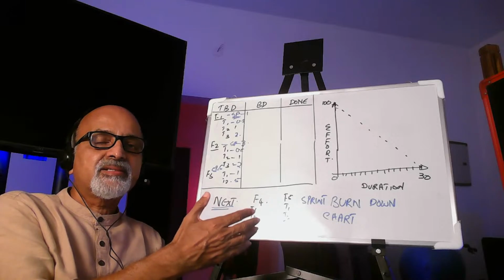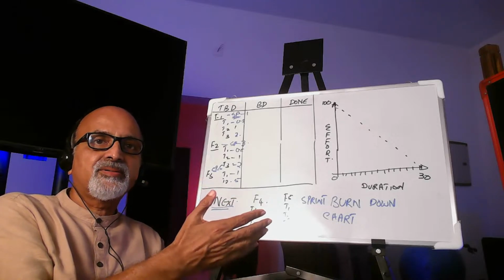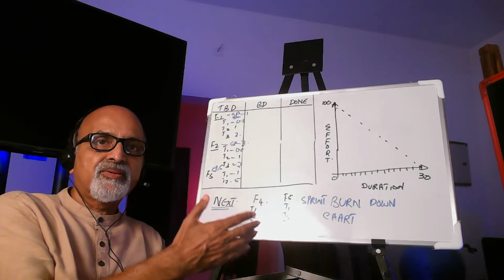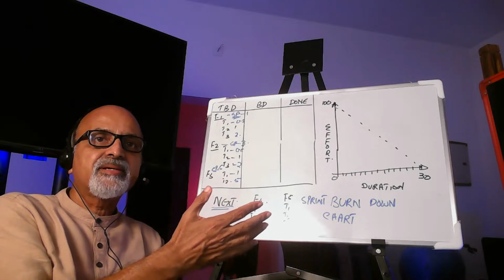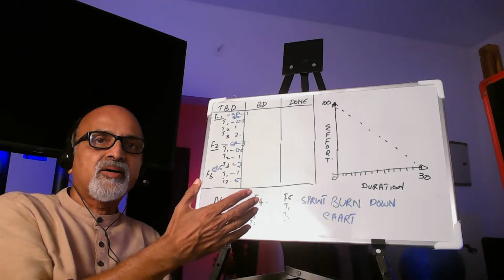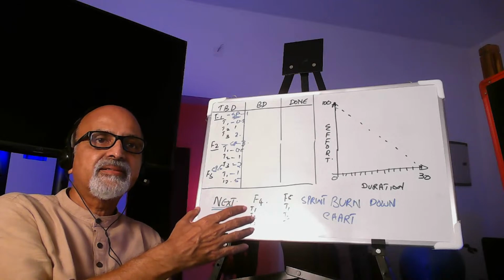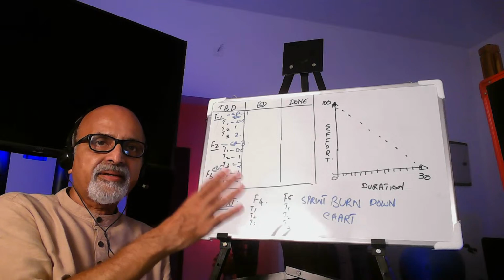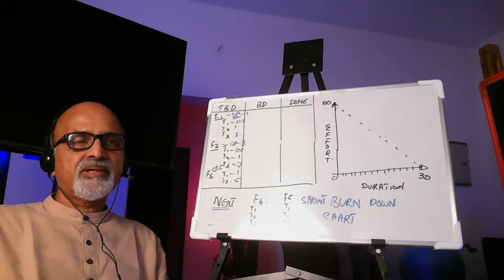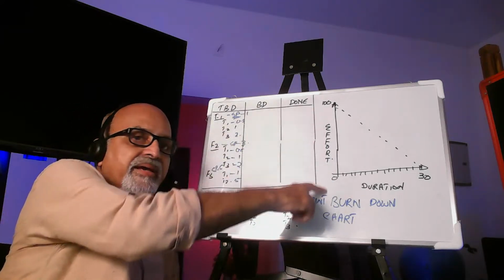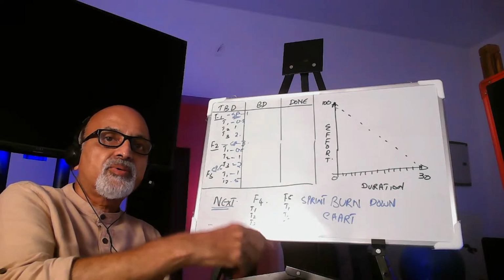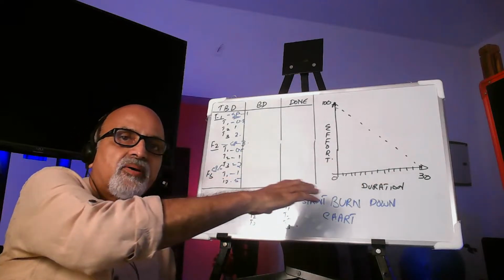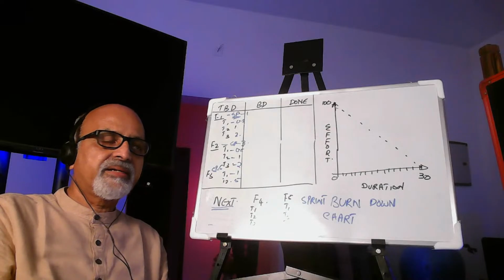So is the case with the product burn down chart. I want to know in total how many story points there are and how many story points are completed. So for release and product burn down charts, on the y-axis we'll have the story point, and the x-axis will be the duration.